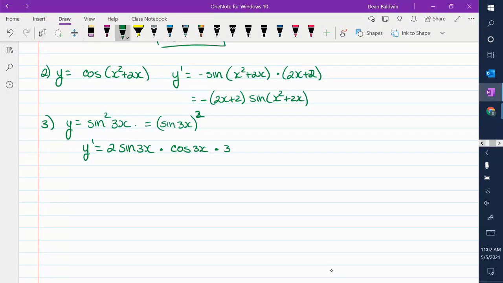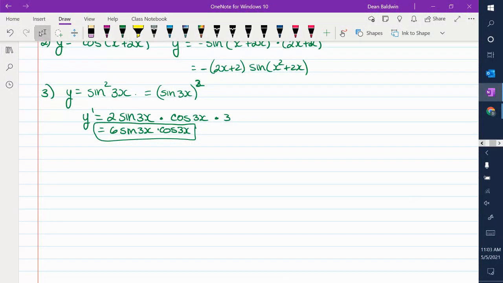The 2 and the 3. Now, there are double angle identities and all these things that you can use to simplify that. I'm not too worried about that right now. So we just leave it like that. Is that okay for everybody?